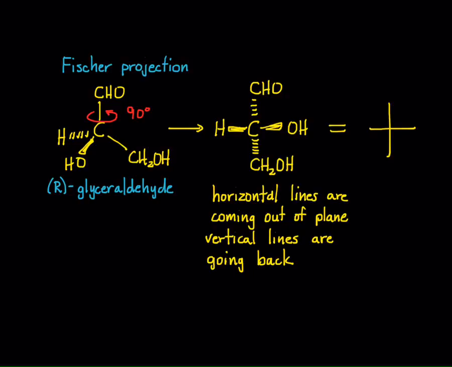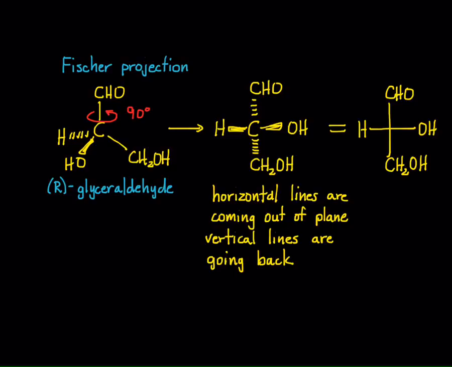And we put the substituents at the end of those lines, and we simply omit the carbon in the center. So at the top we have the aldehyde, at the right we have an OH, at the bottom we have a CH2OH, and lastly at the left we have a hydrogen. And this is the Fischer projection of R-glyceraldehyde.